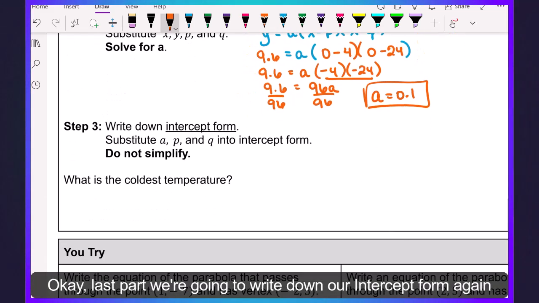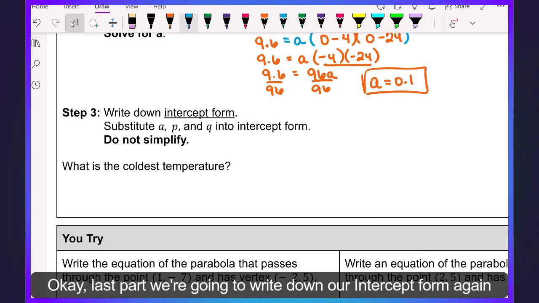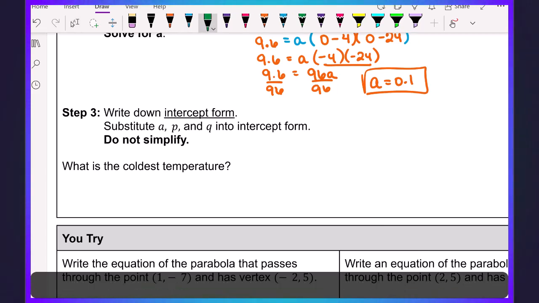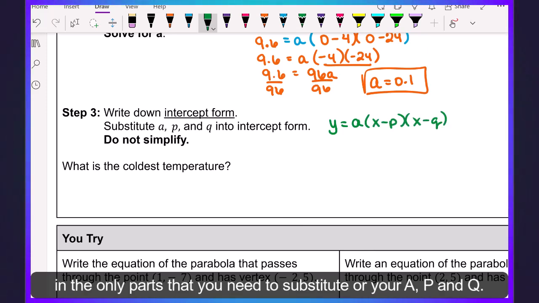Okay, last part, we are going to write down our intercept form again. And the only parts that you need to substitute are your a, p, and q.